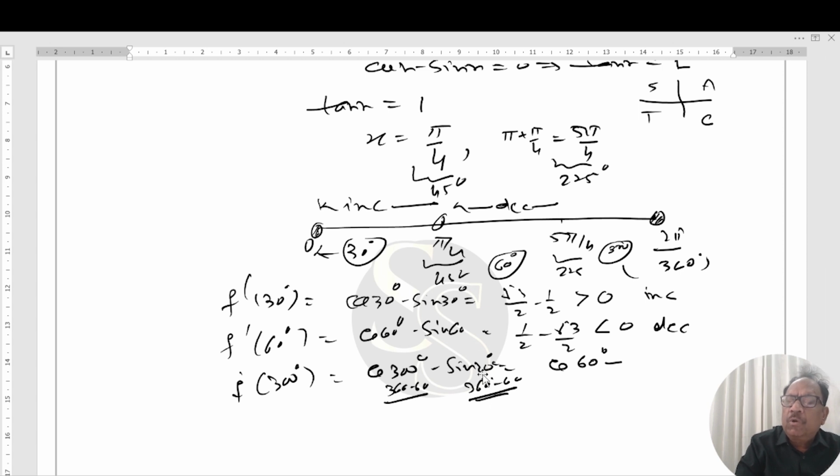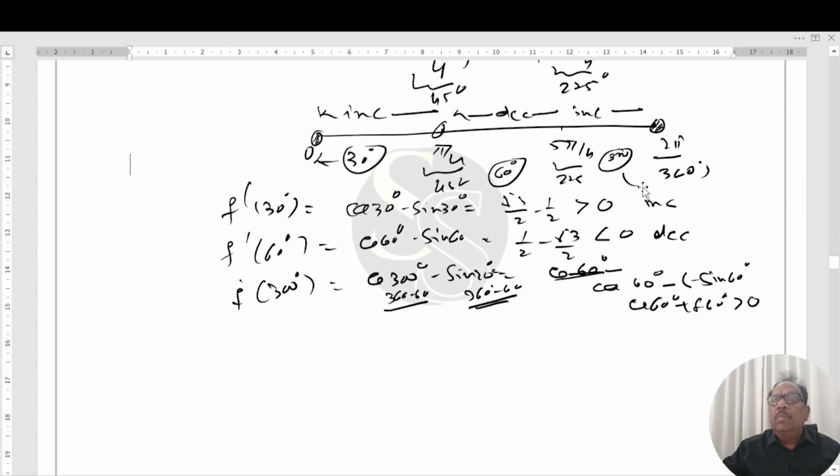Sin will remain sin, cos will remain cos. In the fourth quadrant cos is positive, sin is negative, so this becomes cos 60 degree plus sin 60 degree. This is greater than 0. Right? So this is increasing.